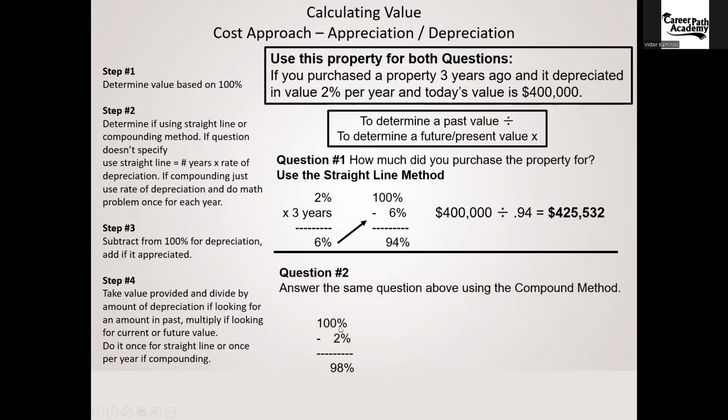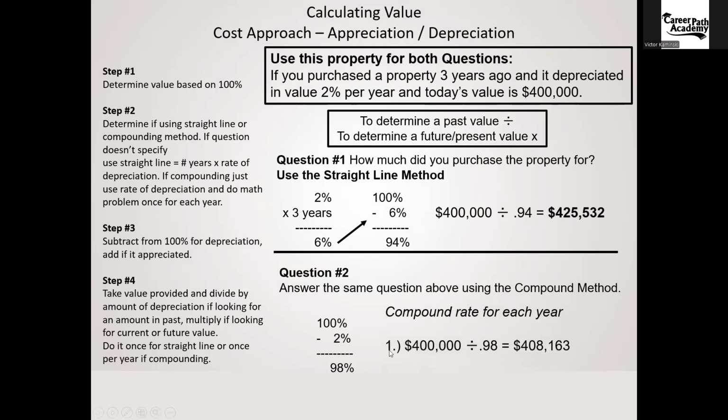You take 100% and subtract, because it depreciated, the rate of depreciation, which is 2%. That gives you 98%. And now you would do the math problem just like this once for each year. You follow? So you have to compound the rate for each year.